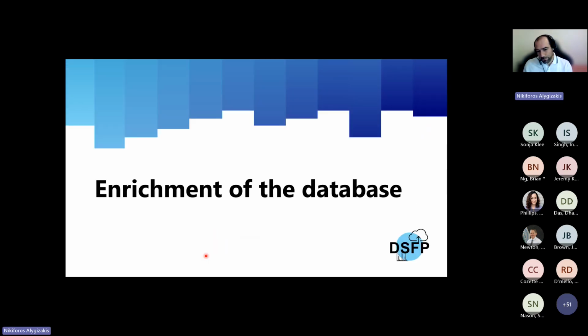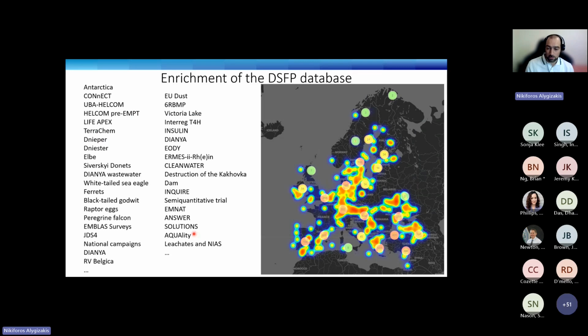Now let's move on to the second part, which is the enrichment of the database. Currently, we have many EU-funded projects contributing NTS data to DSFP. Just to name a few, here you see some of them. Life Apex gives a lot of NTS data from top predators and their prey.